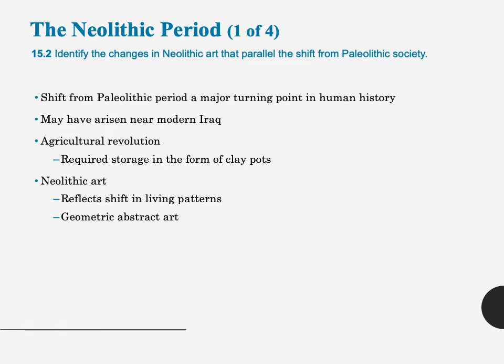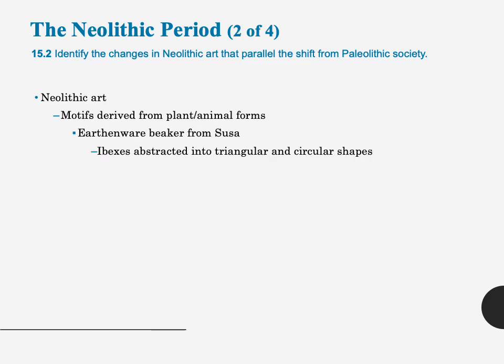When we look at the life of the people in the Paleolithic or Old Stone Age, we know that they were living in caves, and they were nomadic. They went hunting, and they moved from one place to another to search for food, to search for hunting.